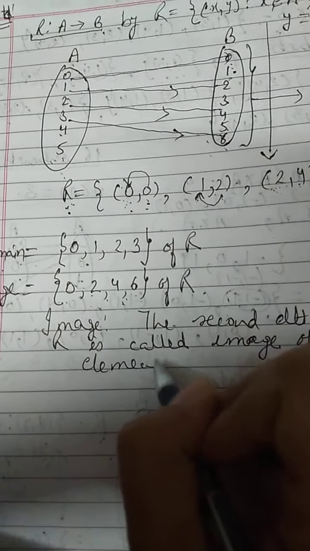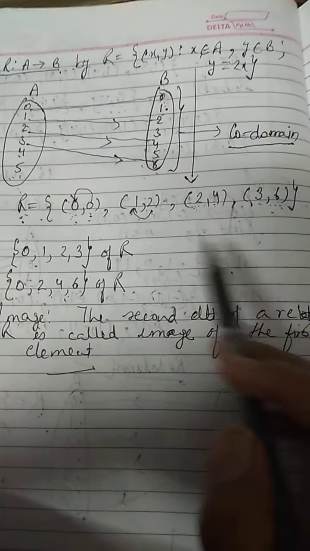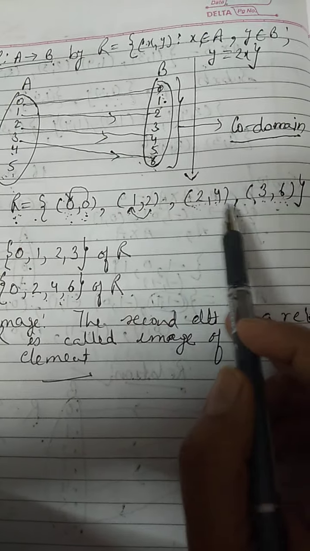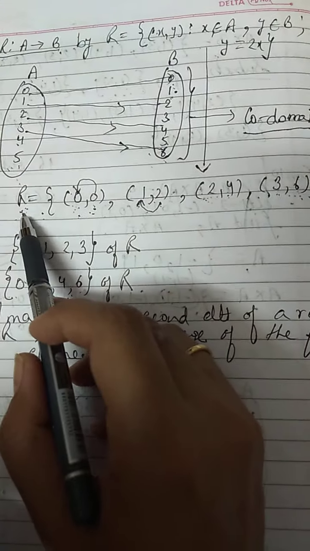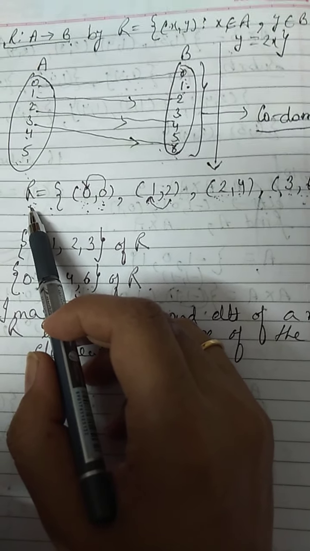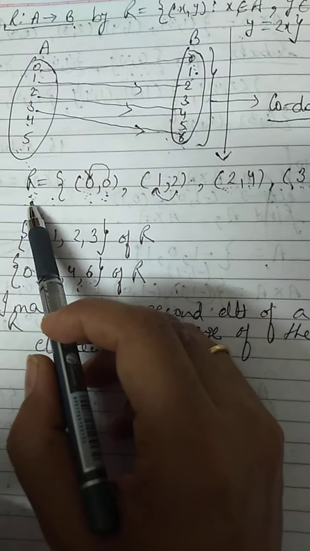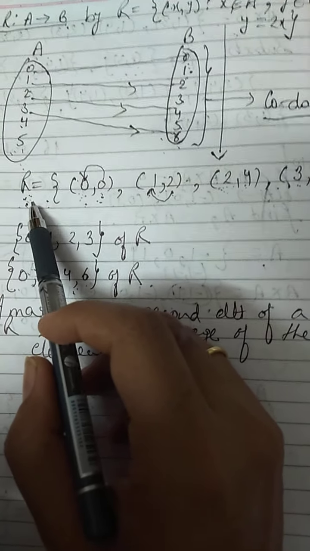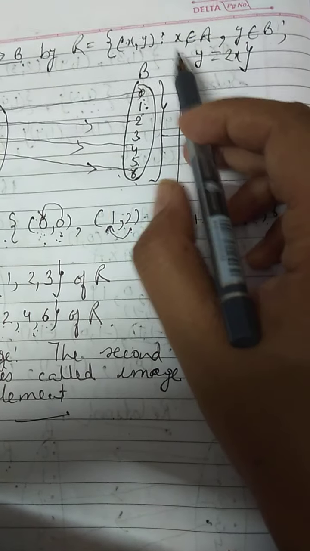And once again, when I look at the relation, all the elements are separated by commas and written within curly braces, so this relation is once again a set only. Cartesian product is also a set. Relation is a subset of Cartesian product, that means it is also a set. And this set can also be represented. What are the representations of a set?